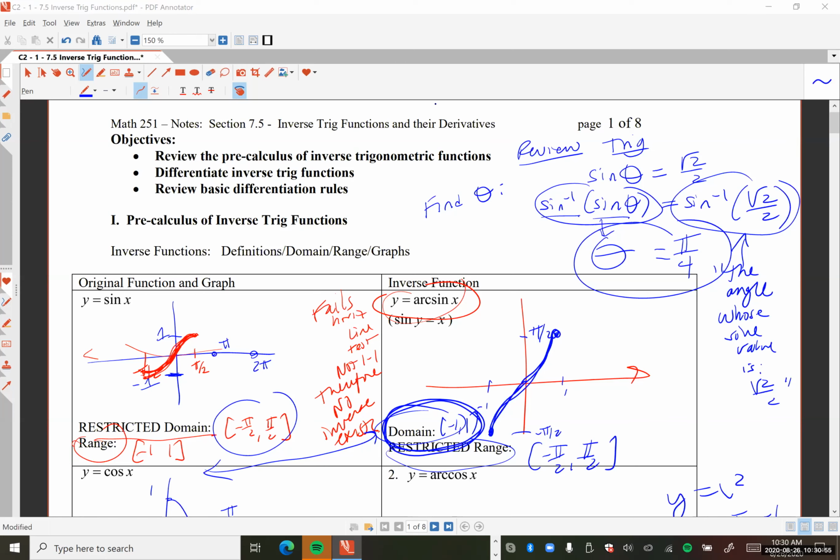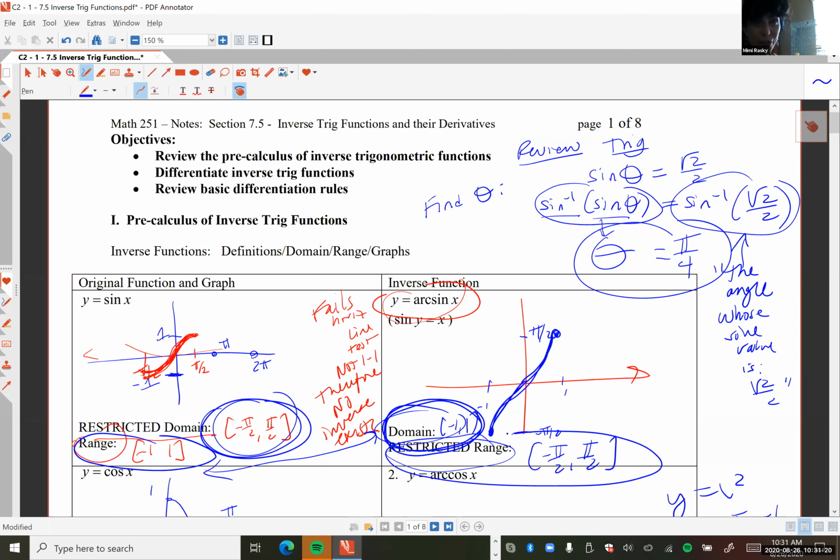Please note that the domain for arcsine is the same as the range for sine. They swap. And then the domain for your sine function is the range for arcsine. Do you see the difference? Yeah, I see the difference.